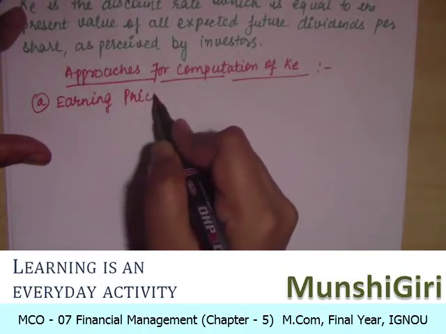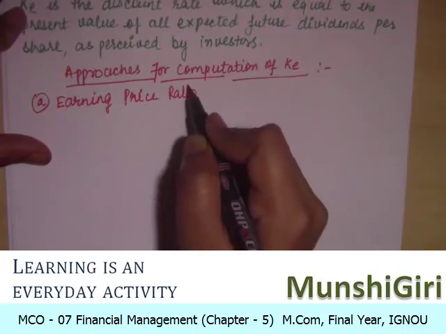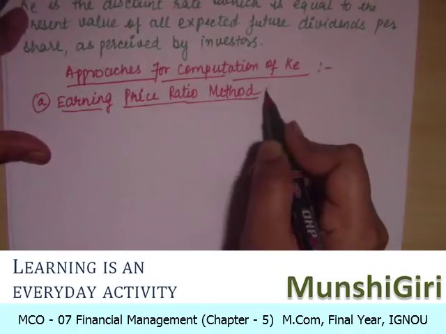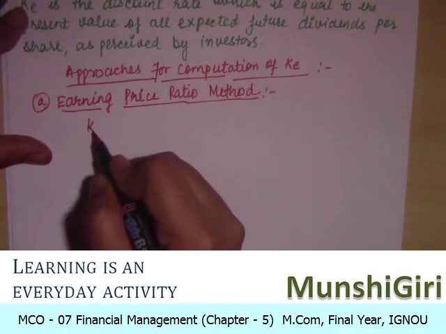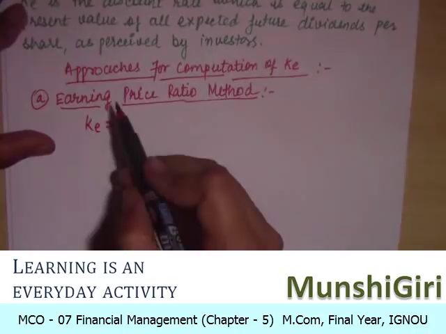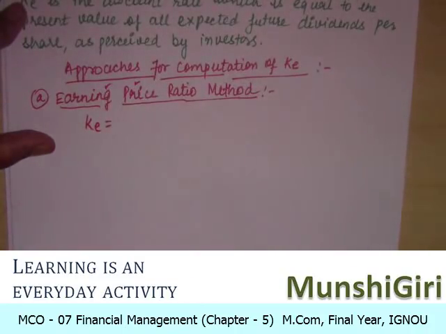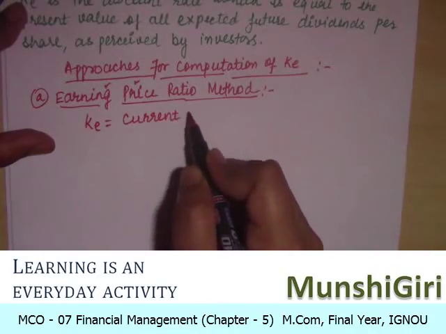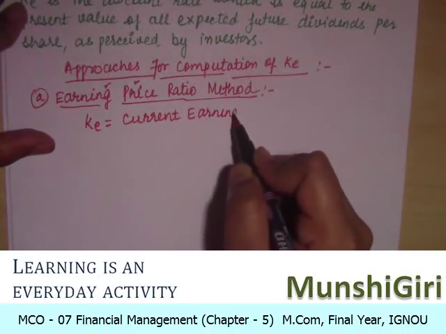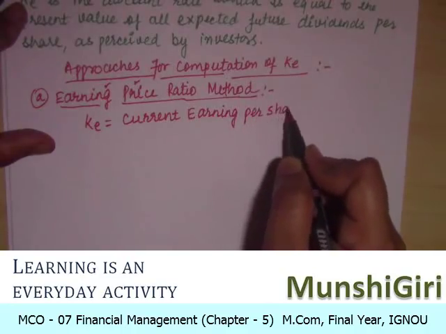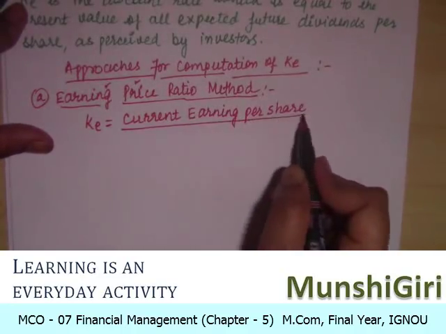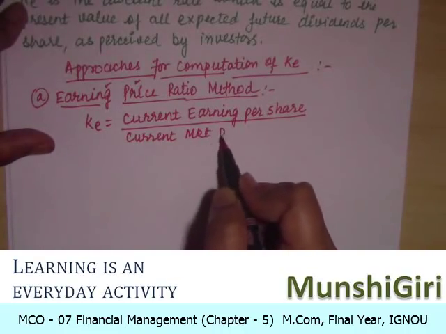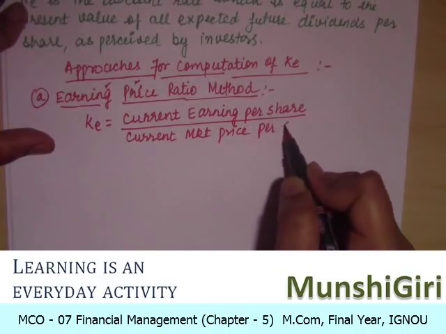KE is equal to earning price, earning divided by price, that is current earning per share divided by current market price per share, into 100.